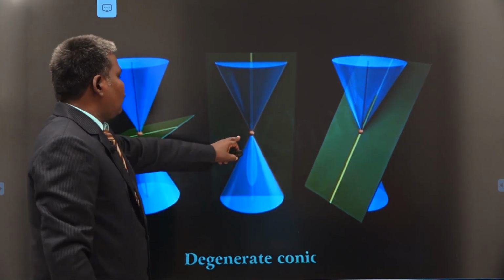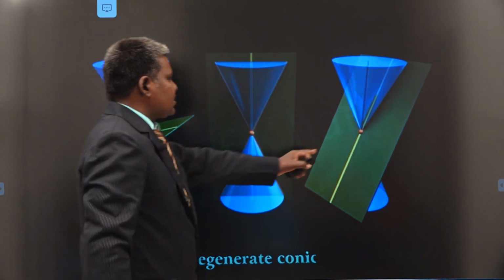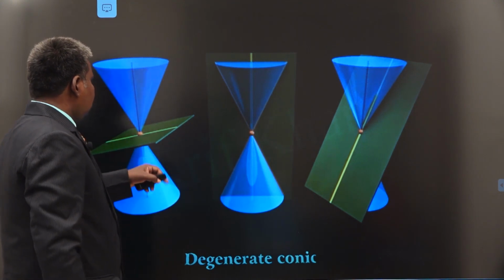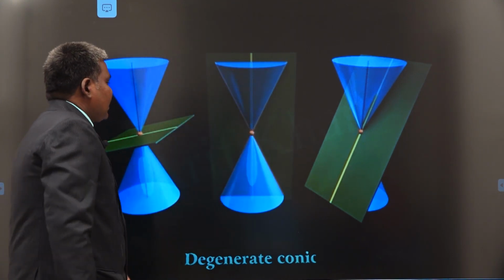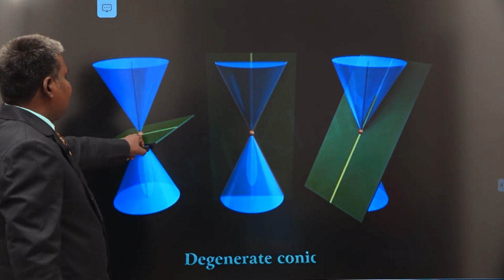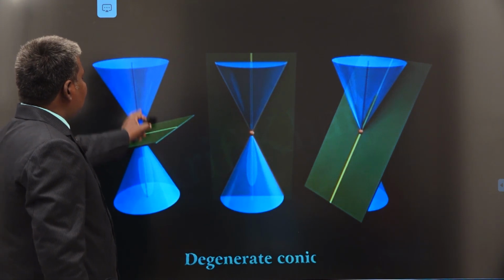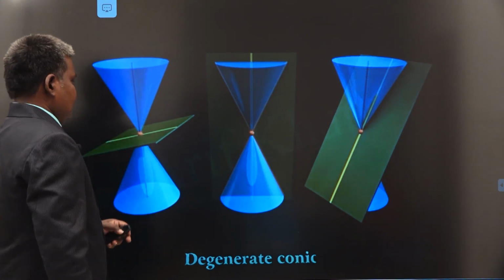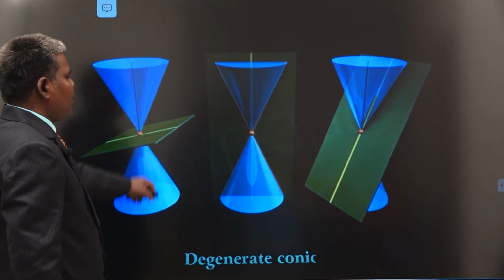Degenerate conics. Here, we obtain the point when B is greater than A. We obtain the straight line when B is equal to A. And we obtain a pair of lines when A is greater than B. This is the point. It is the plane passing through the vertex and the angle made with the line is more than the vertex angle. Here we obtain the point instead of the ellipse.